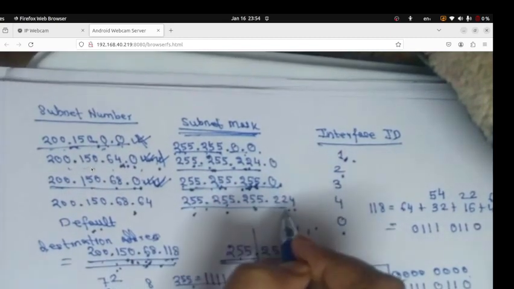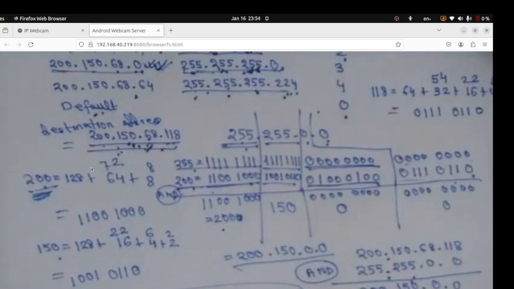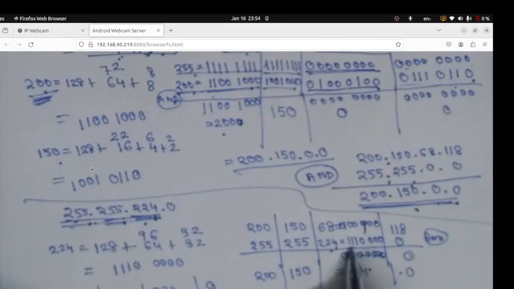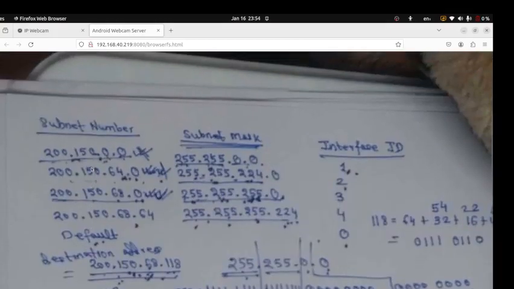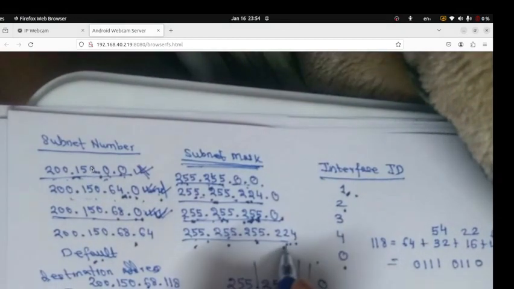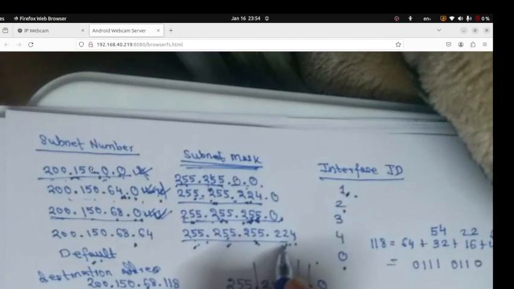And 224 means only 3 bits will be 1, because when we converted 224 here, these 3 bits were consecutive ones. So for this particular mask, how many bits are consecutive ones? 8 plus 8 plus 8, 24, plus 3. That means 27 bits.